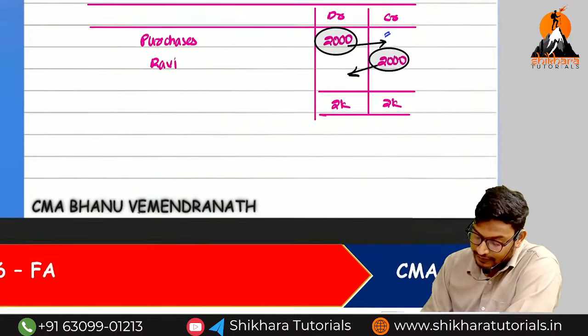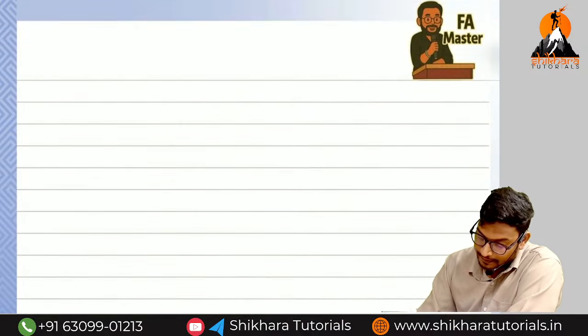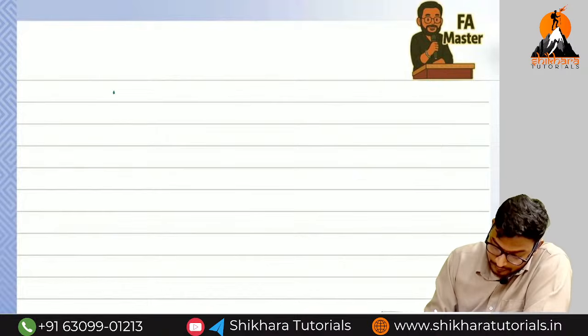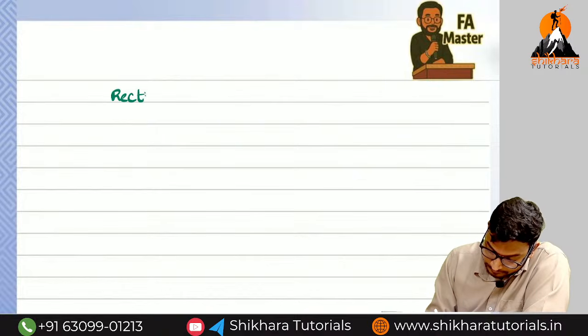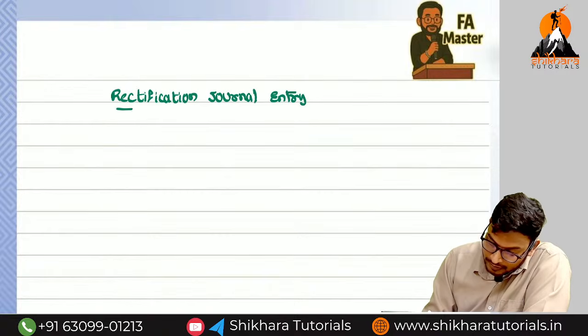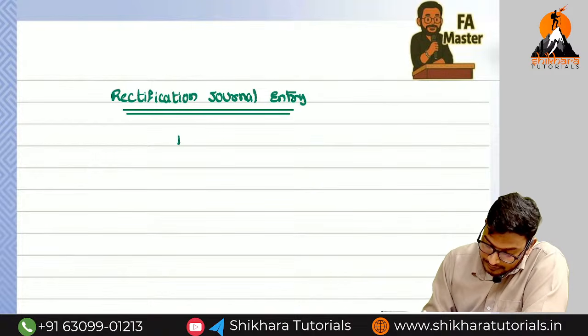So ultimately the rectification entry is simple. What is the rectification journal entry? Ravi should be debited. So how much?